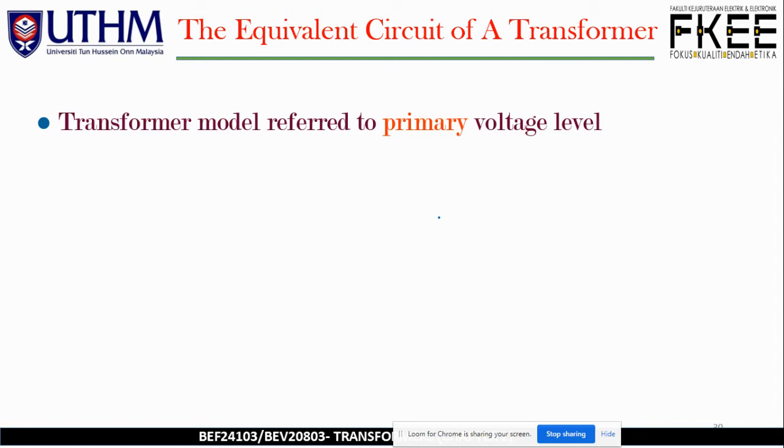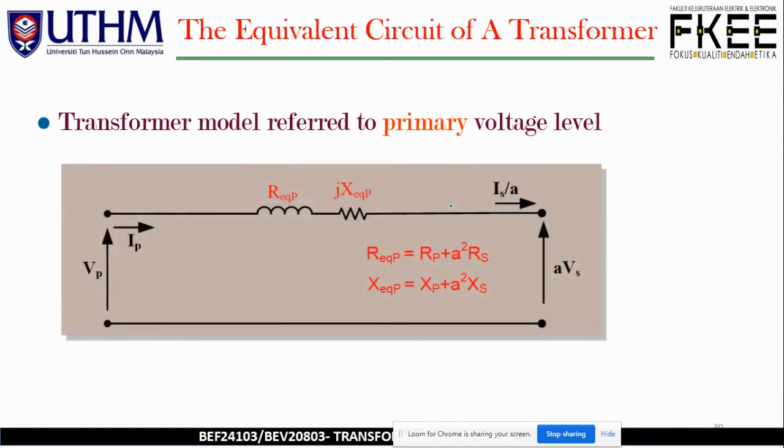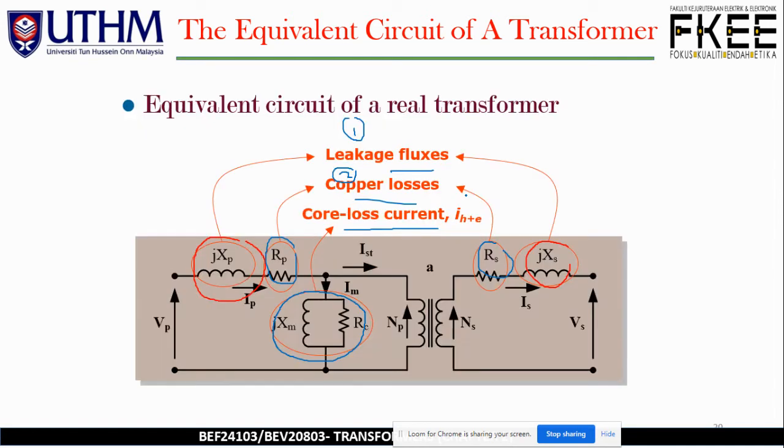So what about the transformer model referred to the primary voltage level? This is how it looks. We have simplified the previous equivalent circuit into this simplified circuit when the transformer is transferred to the primary voltage level. Let us go back to the previous, full complete equivalent circuit, where we have the primary and the secondary, and the excitation branch over here.